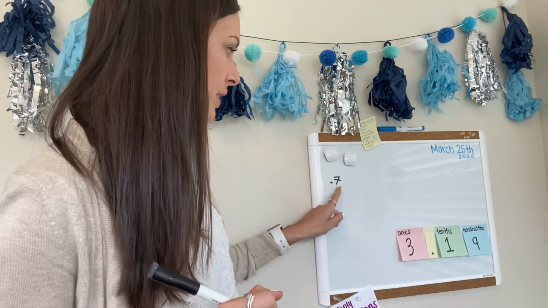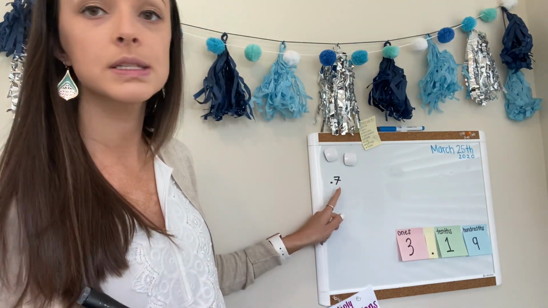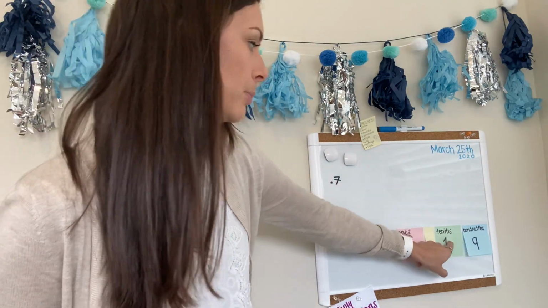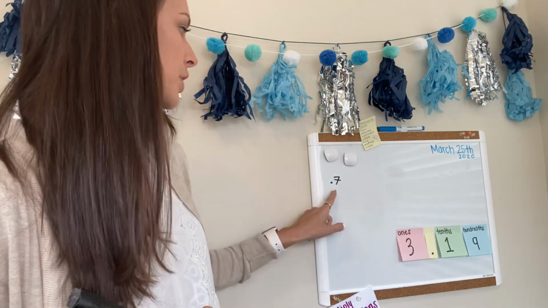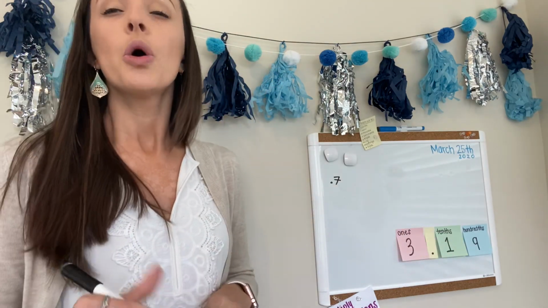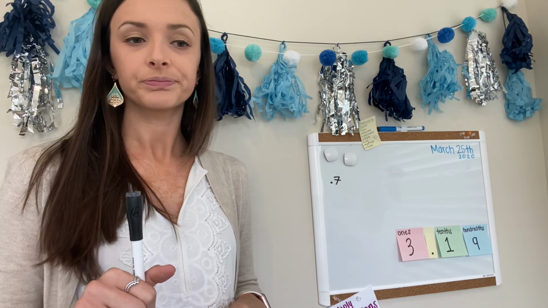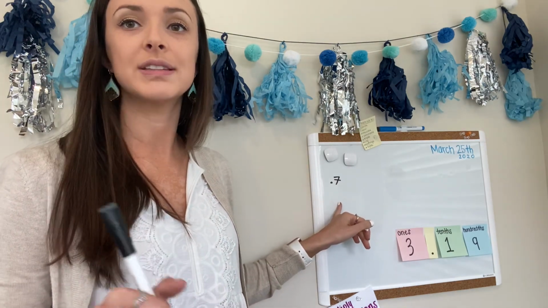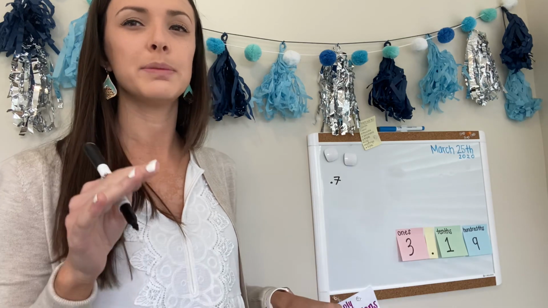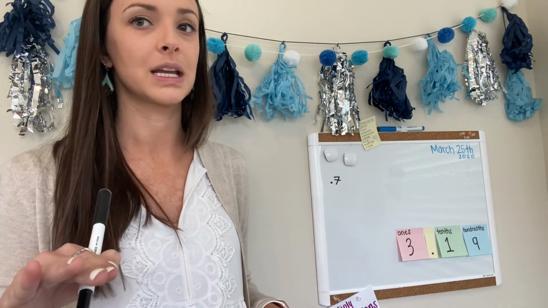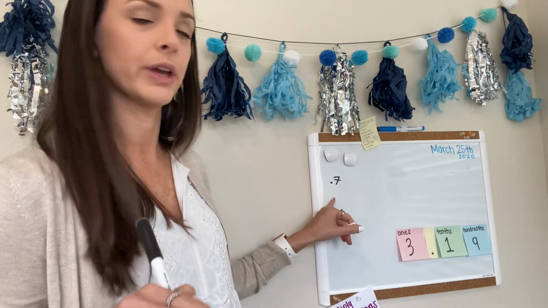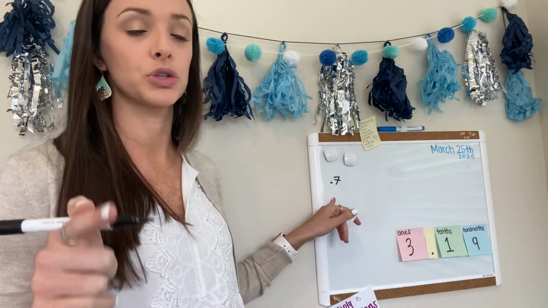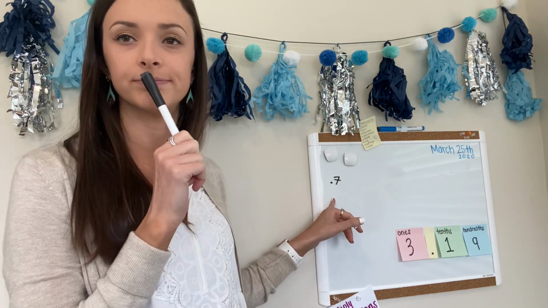I put my 7 in the tenths place, and that shows me 7/10. What if I wanted to make an equivalent decimal to show 7/10? Equivalent means equal, but not the same. So I can't just write the same thing below it, and they're asking for a decimal, so I can't write a fraction.